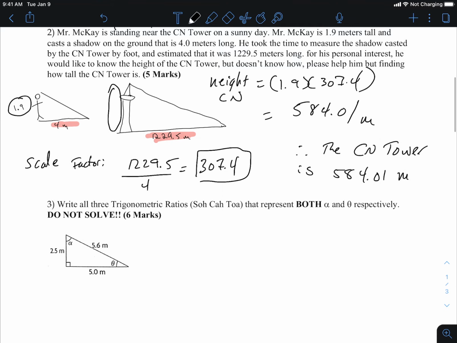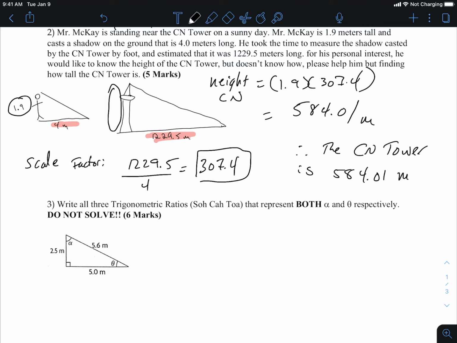Okay, is everybody okay? Where you can do similar triangles, you want to do similar triangles. Why would you want to do SOHCAHTOA, sine law, or cosine law if you could just do a similar triangle? It's unexpected that it's just that easy. It is that easy. The whole trigonometry unit is structured in a way that you're doing the easiest things first.